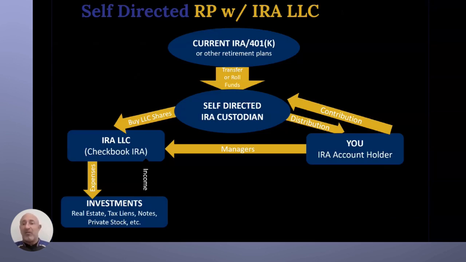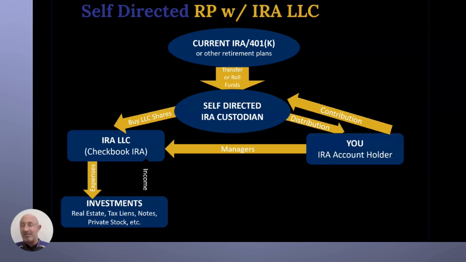IRA LLCs, we went over this in Self-Directed IRA Investing 101. This is a pretty controversial thing. I don't recommend it. You have a current retirement plan, you flip it over to a self-directed IRA custodian, you go and set up a single member LLC, and that single member LLC gets funded by the self-directed IRA, but you're the manager of that LLC.